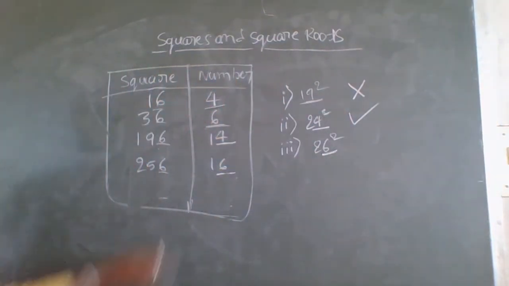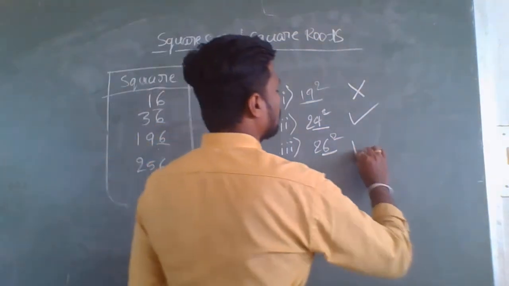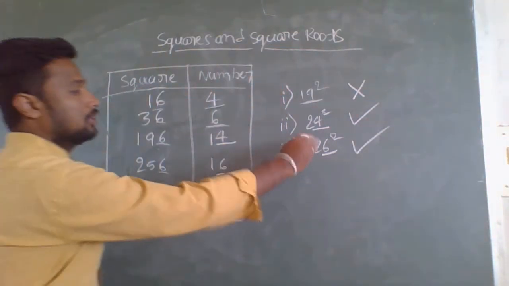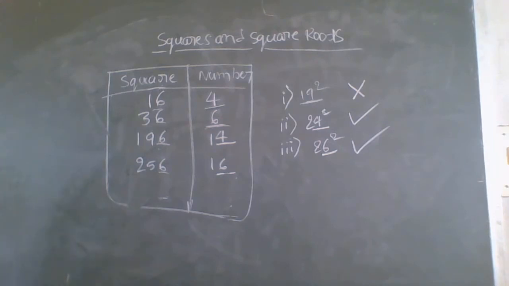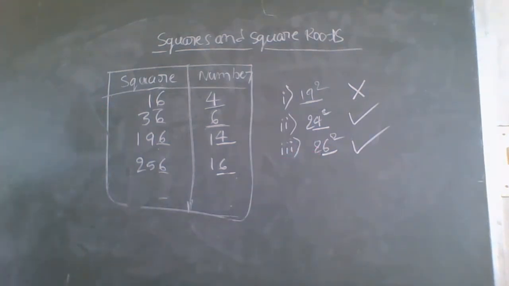When 4 or 6 is there at the units place of any number, then the square number ends with 6 only. So when we consider the square of 26, it ends with 6.